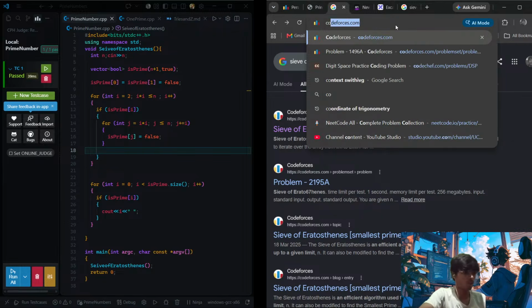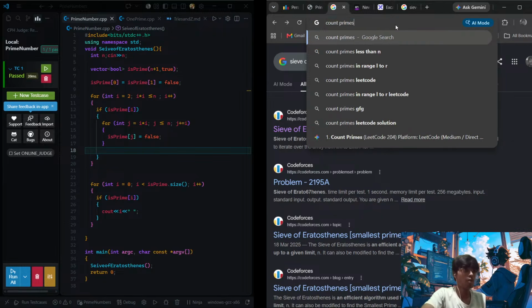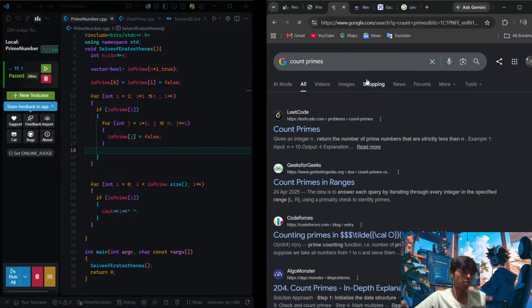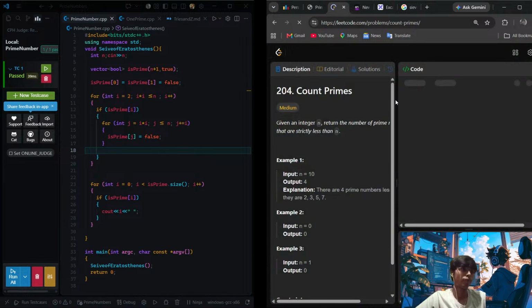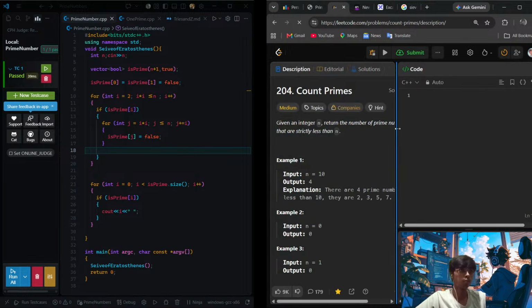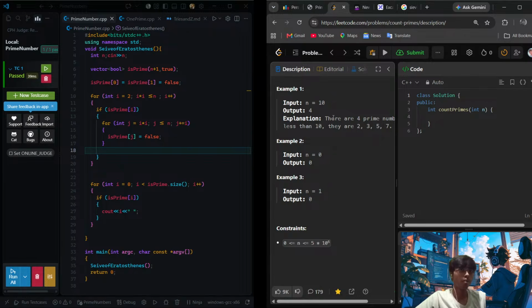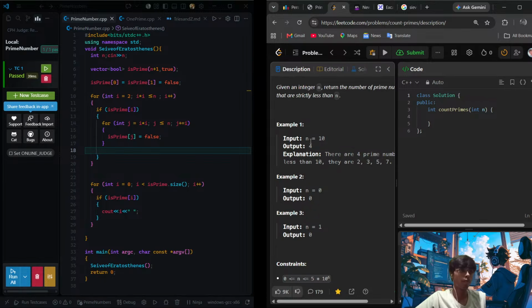There is a question called count primes on LeetCode. What we are given here is a number, and we have to tell how many prime numbers are there in this range.